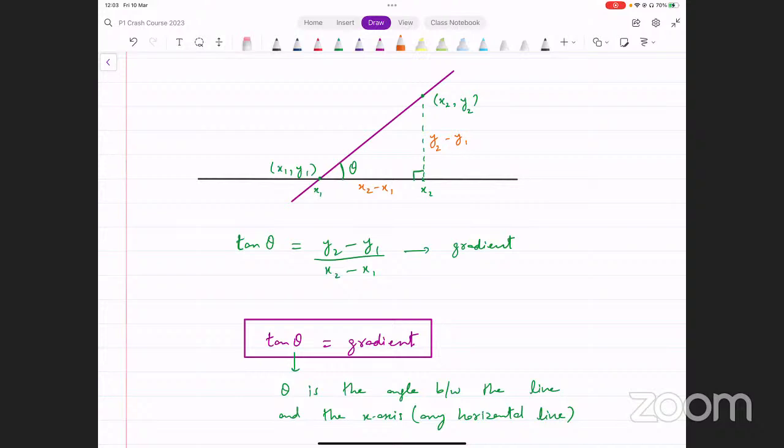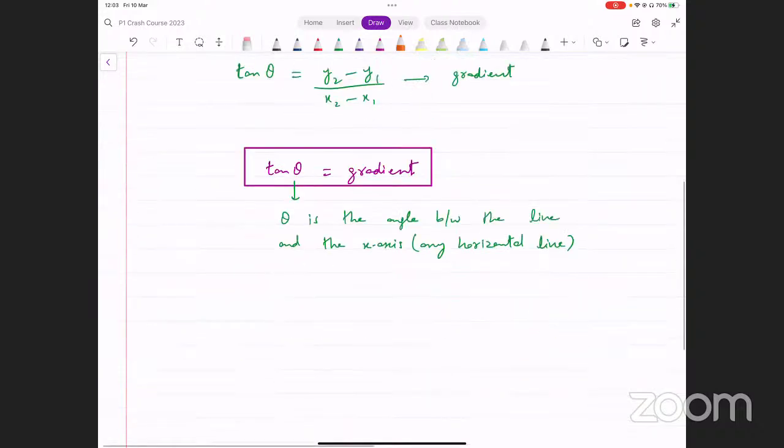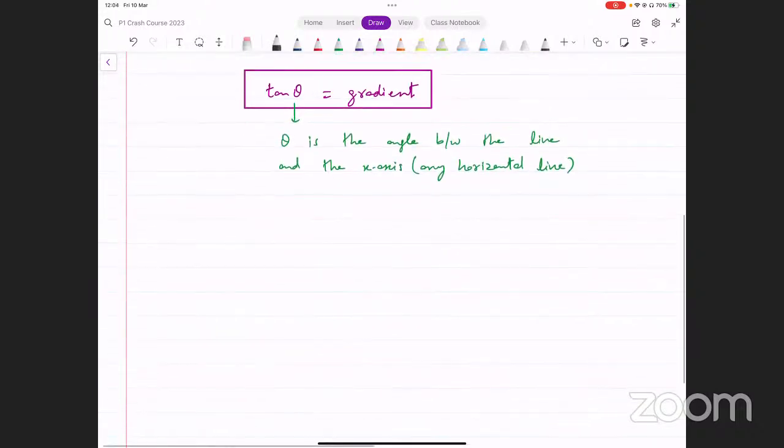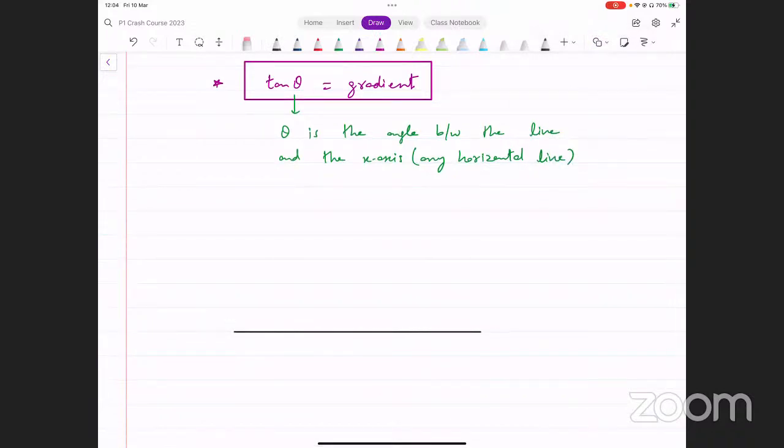Okay, now let's take an example for this. Remember this formula now. This is the formula that we can use to find the angle between a line and the x-axis. Let's say we have a line that's passing here. We want to find this angle theta, and we know that the gradient of this line is equal to 2.